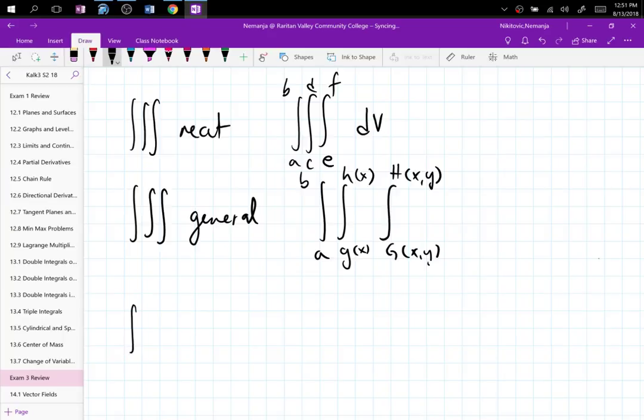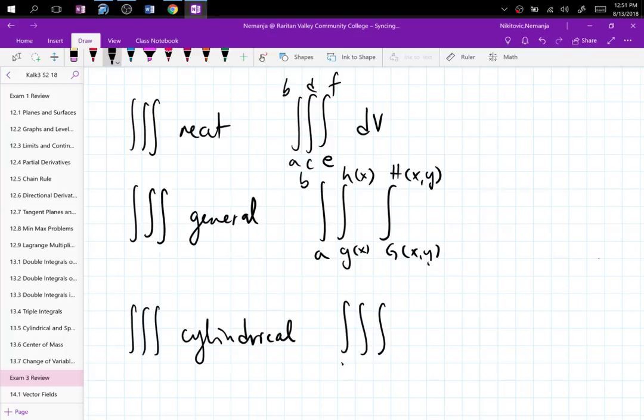And then you have the triple cylindrical. Now, the string for triple cylindrical that you have to memorize is dz, r, dr, d theta.